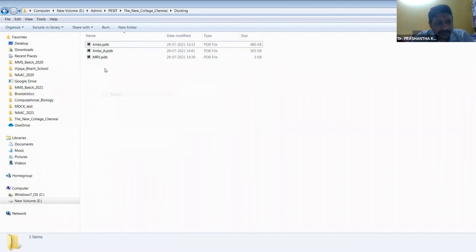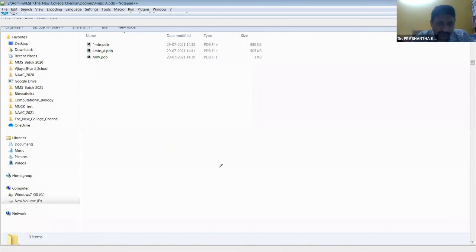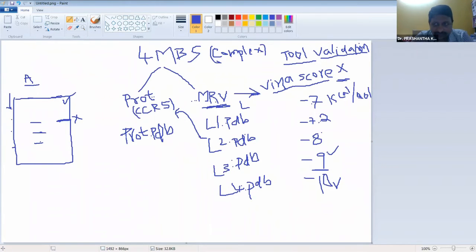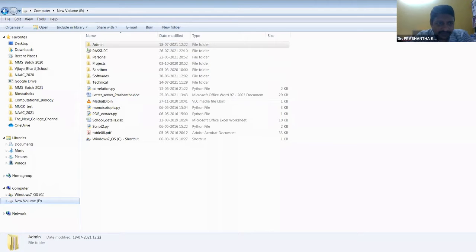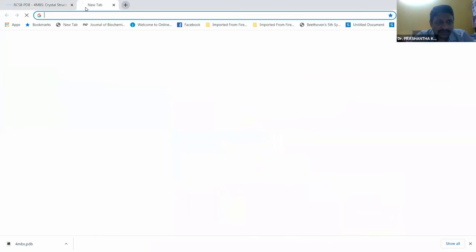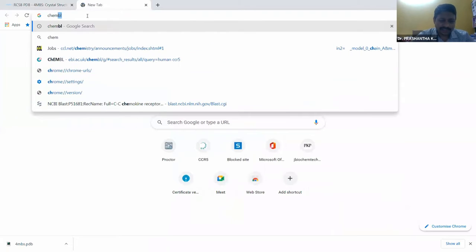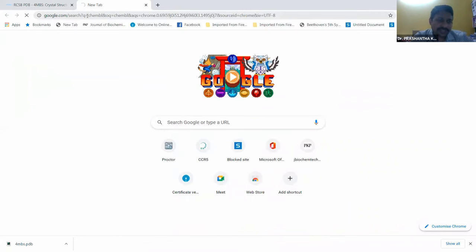Now, if we want more ligands to test, just like whatever we worked out, L1, L2, L3, L4, we can always take those ligands. Or if somebody has given you a synthesized molecule, you can use that. This is completely left to a researcher.